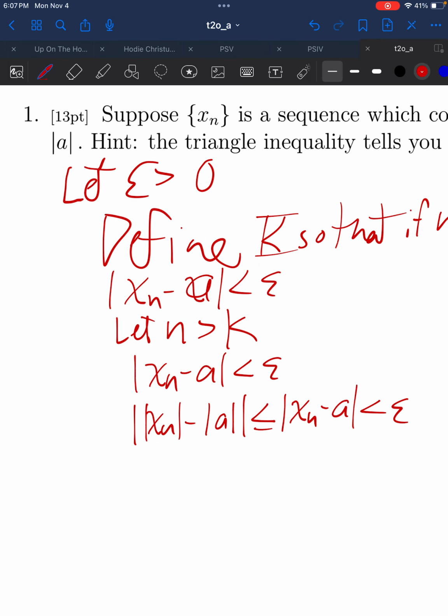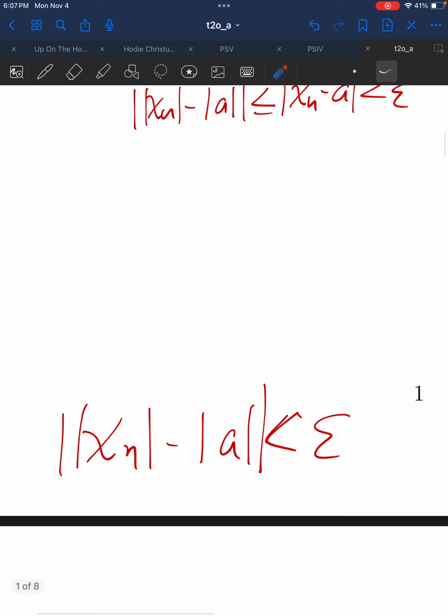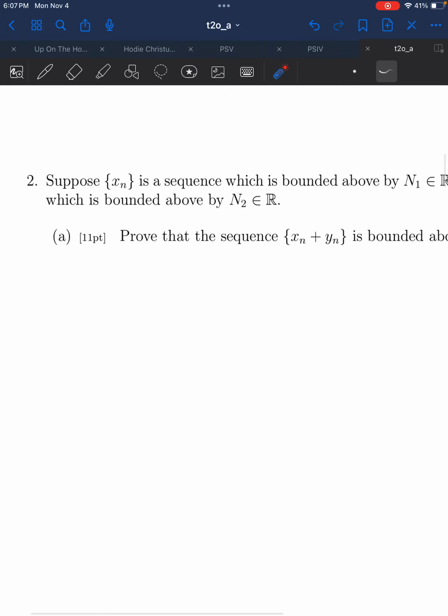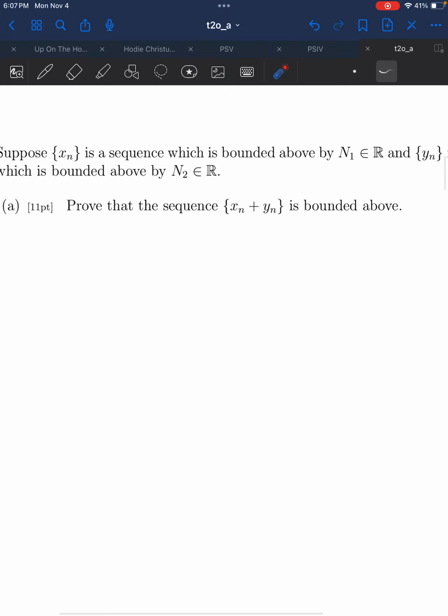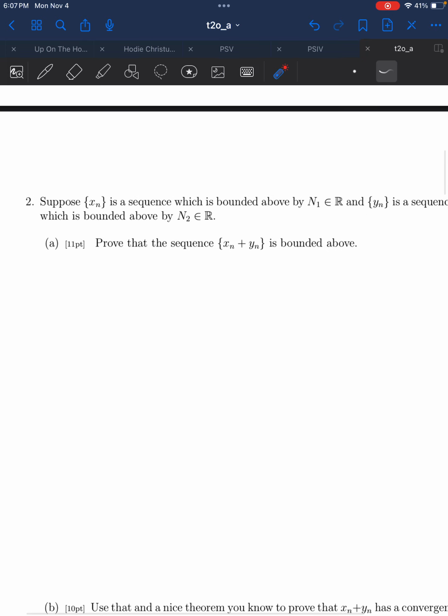This is really a choose statement here. I said define, but using the choose statement to make xn minus A less than epsilon, it then immediately follows that the difference of the absolute values is also less than epsilon. I meant that to be a kind of easy but deep warm-up.